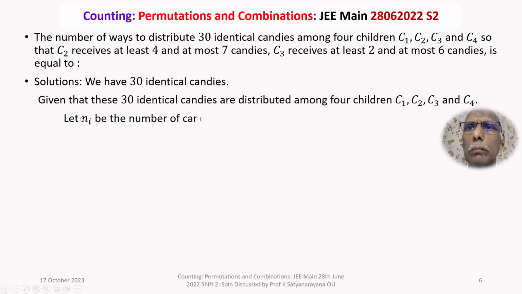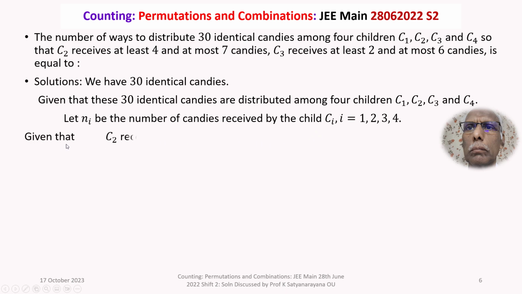Let Ni be the number of candies received by the child Ci, where i is equal to 1, 2, 3, 4. That means N1 is the number of candies received by the child C1, N2 is the number of candies received by the child C2, and so on.